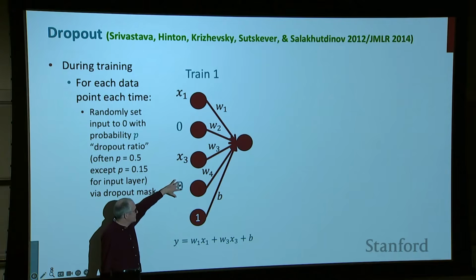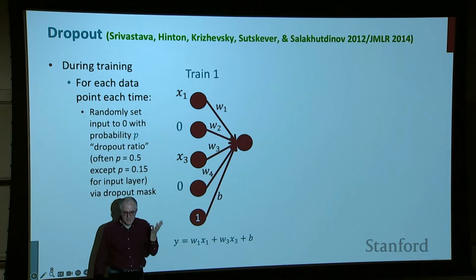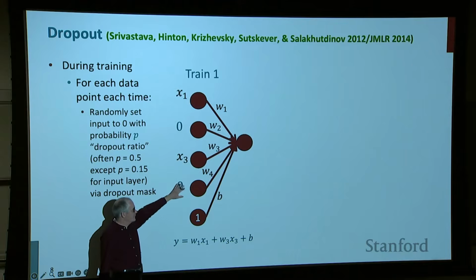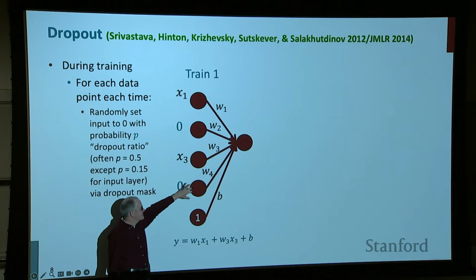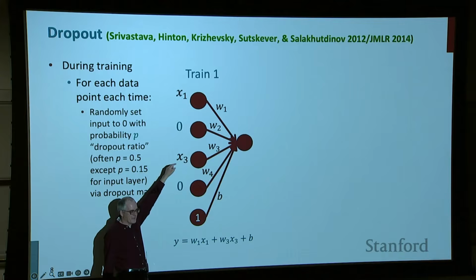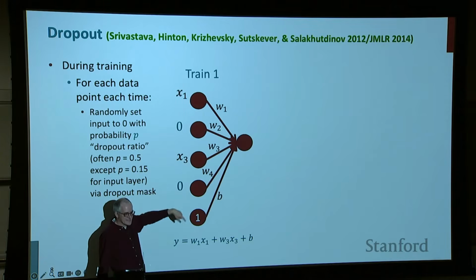So the idea of dropout is at training time, every time you are doing a piece of training with an example, what you're going to do is inside the middle layers of the neural network, you're just going to throw away some of the inputs. And so technically the way you do this is you have a random mask that you sample each time of zeros and ones.